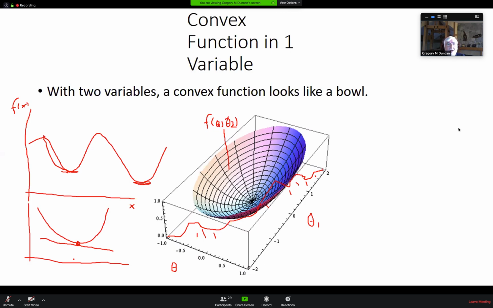Sometimes we work with polar coordinates, when you're working with angles. The radii will go from 0 to infinity, can't be negative, and the angles will go from 0 to 2 pi.